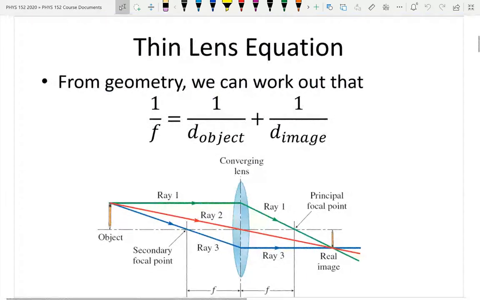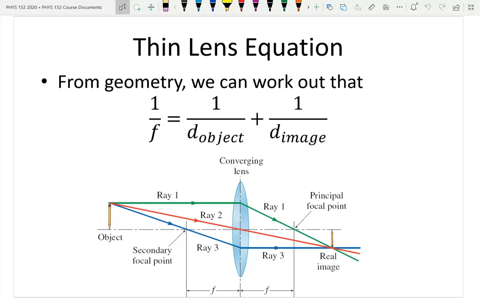So when we first saw this, it was called the mirror equation. Now it's called the thin lens equation. What's the difference between the mirror equation and the thin lens equation? There is none. It's the same equation. Now, one thing that is different here is there is not the radius equation.